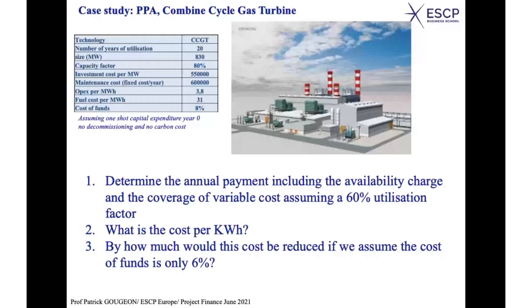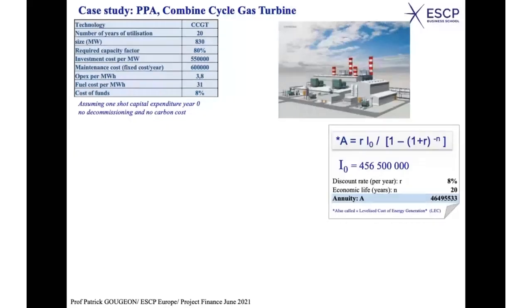you have to pay for the debt service and the remuneration of the investors. When I say the investors, I mean the lenders as well as the equity holders. The cost of funds, considering all the investors, is 8%. So how can we determine this here?